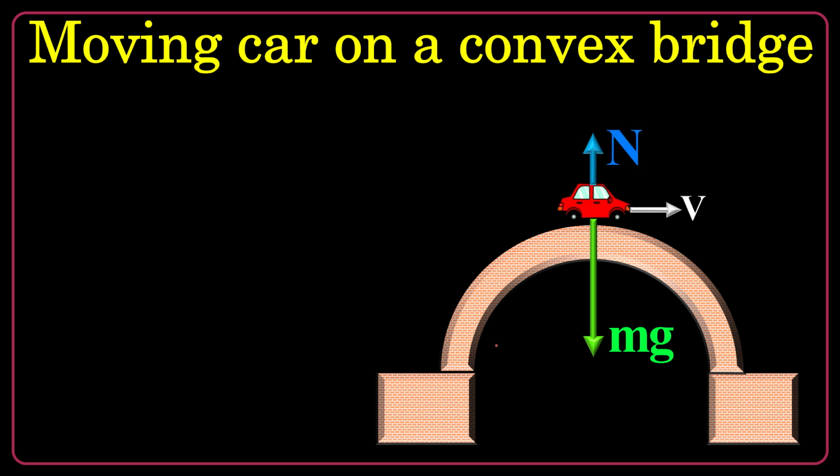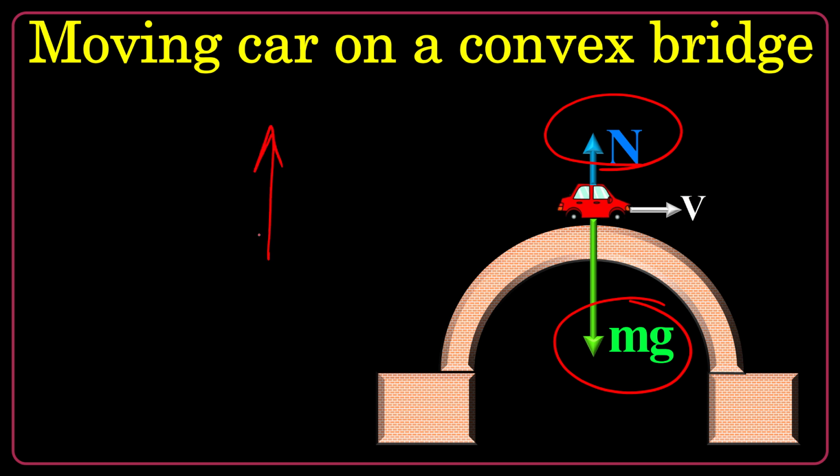This is a very common mistake among students. They think that the normal force will cancel the mg, but it's a very big mistake. Normal force can never cancel mg. Why? Because if they cancel each other, vertically the car is not accelerated, and so how can you have a downward centripetal acceleration?